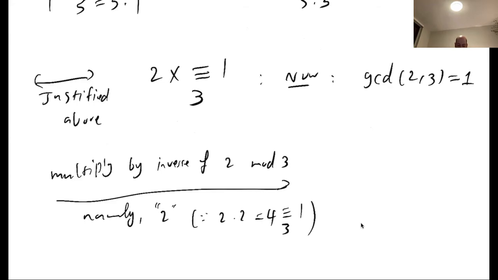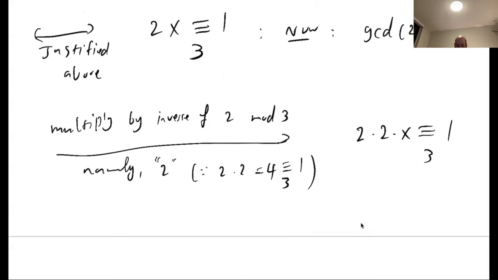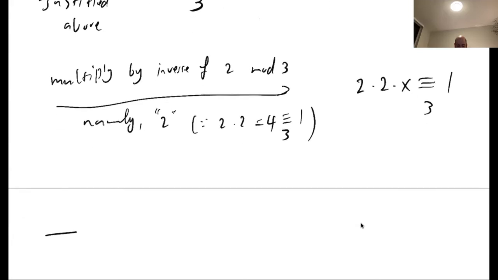So if I multiply everything by 2, I get 2 times x congruent 1 mod 3, and 2 times 2 is 1. So that means x congruent 1 mod 3.